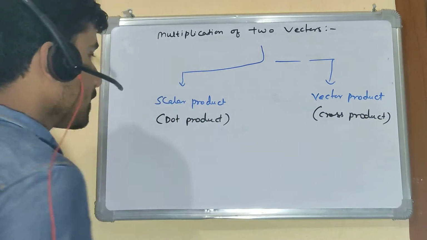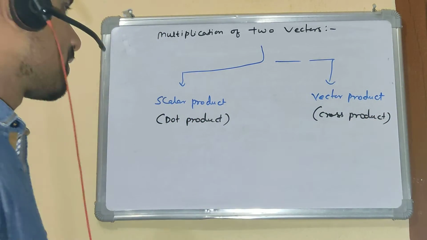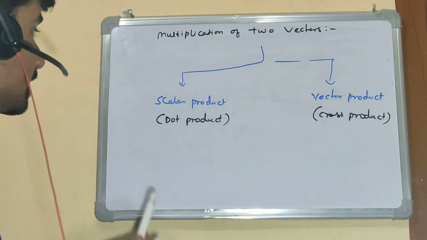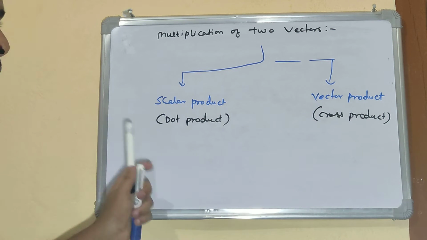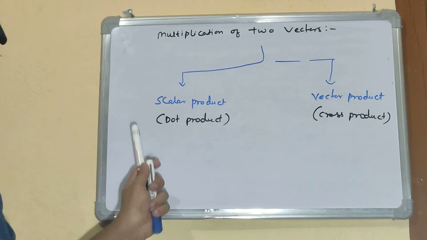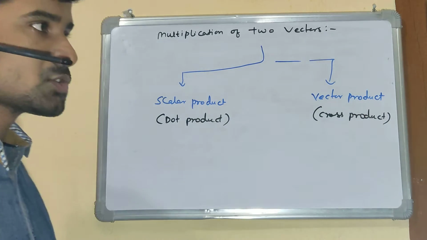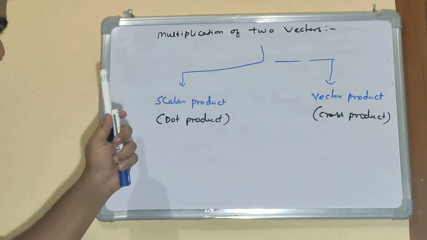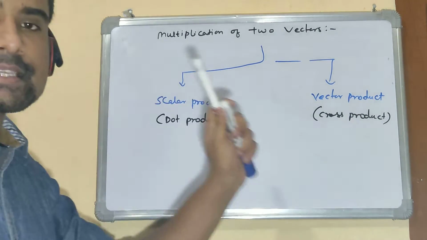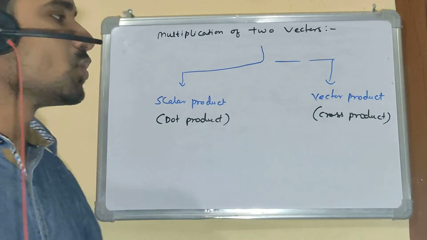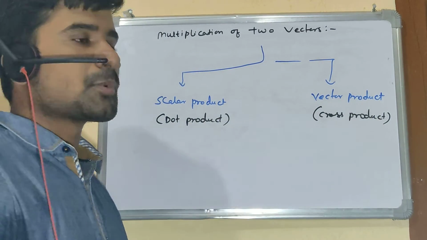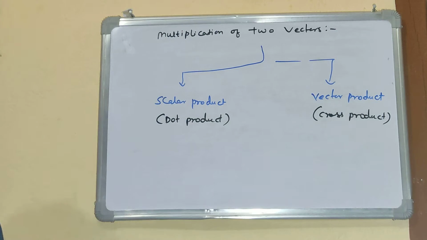Okay. So as the name suggests, the output of this product will be a scalar value, right? So we are multiplying two vectors using dot product and we will be getting a scalar value, which is a numerical value. For cross product or a vector product, the resultant will be a vector value.